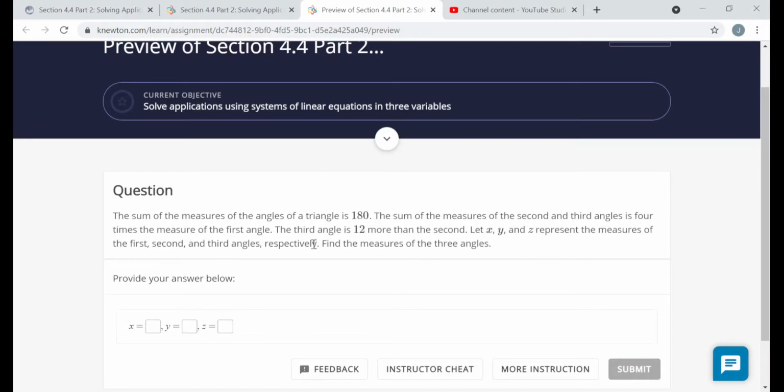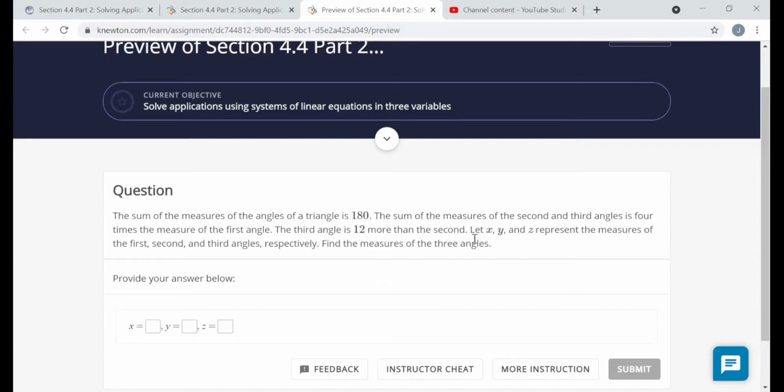Alright, so the first question. Now, like with any word problem, and these will be pretty short from what I've noticed reading through the questions myself beforehand, you read through the problem, identify any unknowns. What do they want? What are they asking for? And call them some variables. Now they're going to be telling us here the variables they want us to use. You could use other variables if you wanted, but they're going to tell us the variables they wish for us to represent the unknowns.